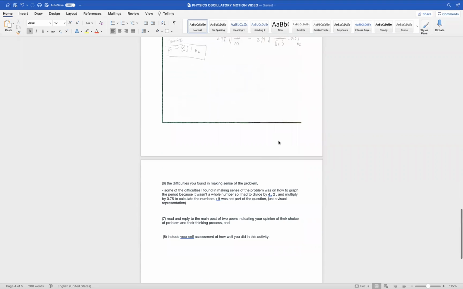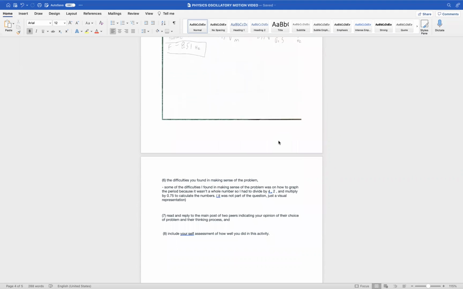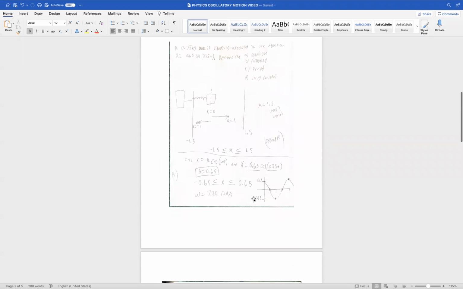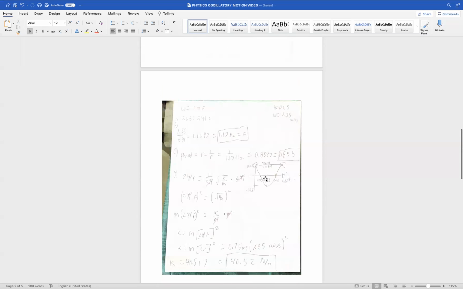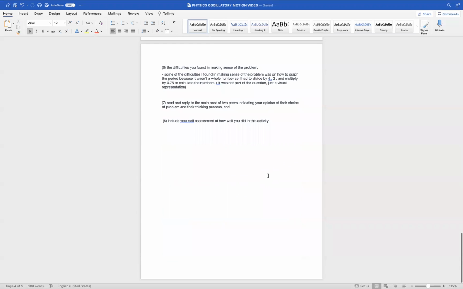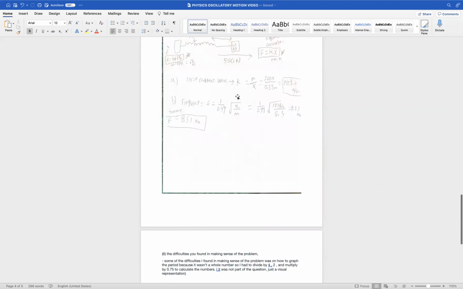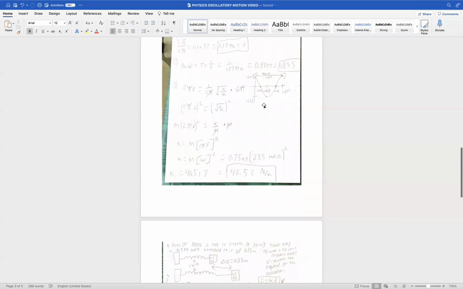The difficulties I found making sense of the problem is, for the first problem, I had trouble making sense of the periods, so I wasn't completely sure how to do this. So I had to divide by 4 for the first one, I had to divide by 2 for the second, and I had to multiply by 0.75 to calculate the 3 spots of the numbers where these are going to be placed.